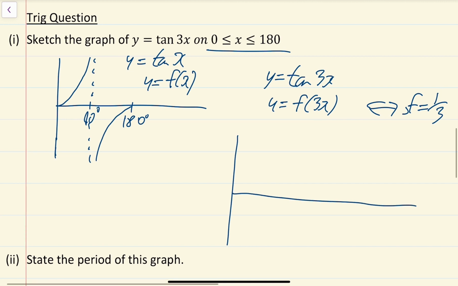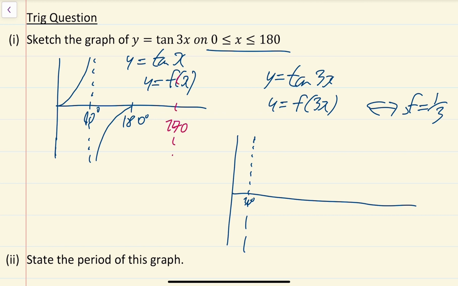Instead of there being an asymptote at 90, there's going to be an asymptote at 30. For this graph over here, there would have been another one at 270.